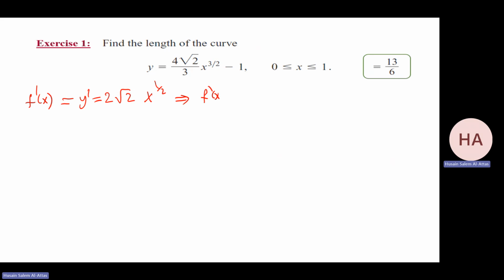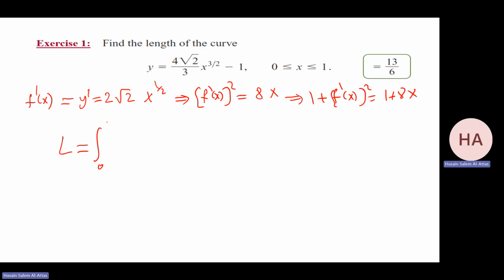So f prime squared will be what? 4 times 2, 8x. So it will be 1 plus f prime squared, it will be 1 plus 8x, which I can integrate now.